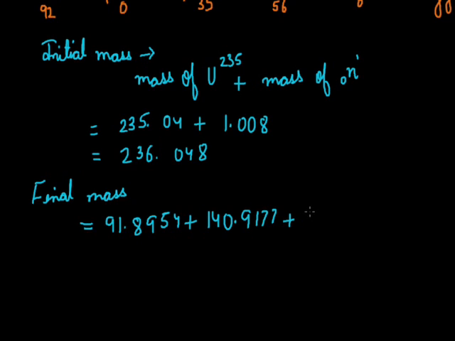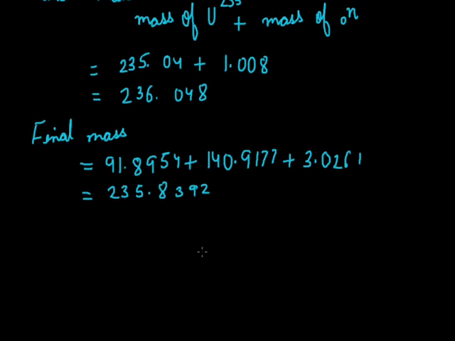So we have to multiply the mass of a neutron by 3. This comes out to be 3.0261. On adding this, we get 235.8392.